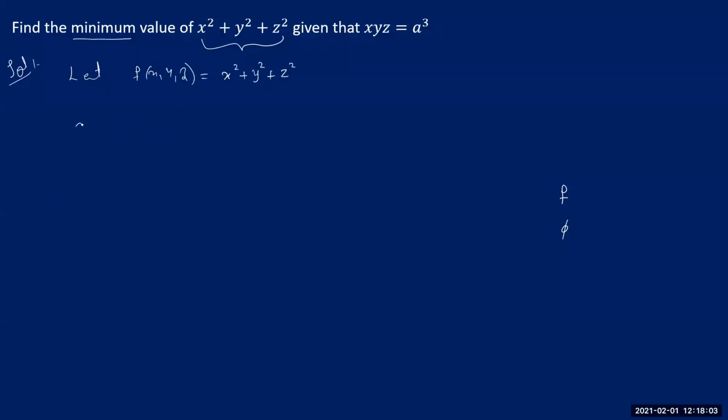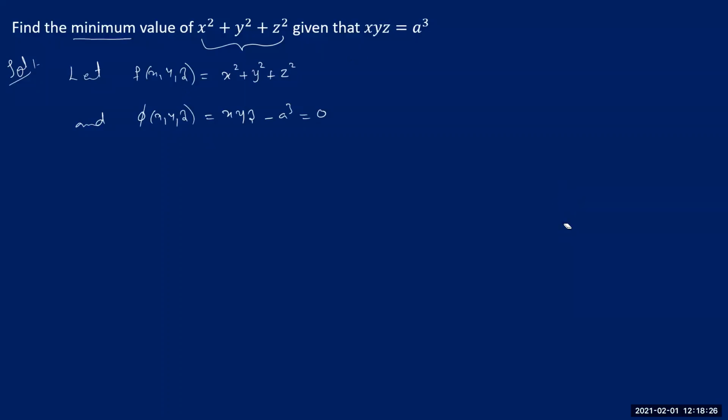And the condition you are given here, I'm taking it as phi of xyz. And how much is it? xyz, I'm bringing a cube to the left hand side, minus a cube is equal to 0. Just by looking at the functions given in the question, I've identified f as well as phi.